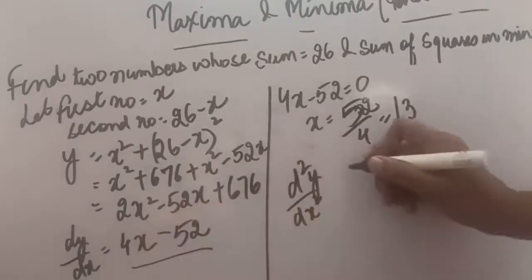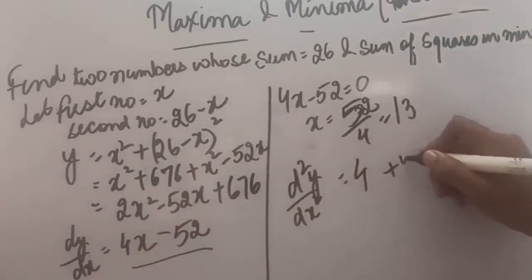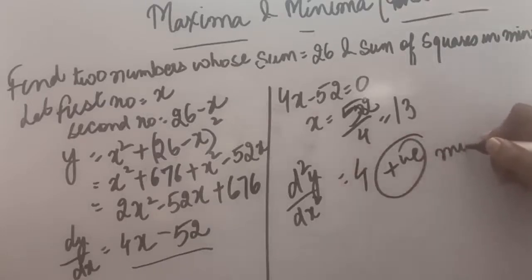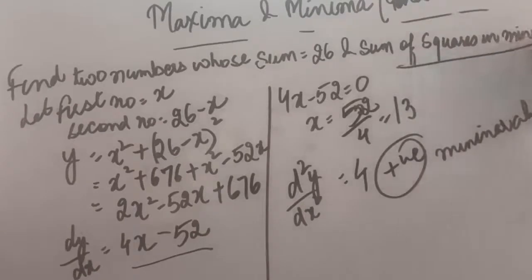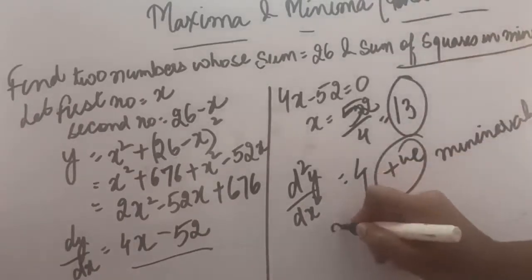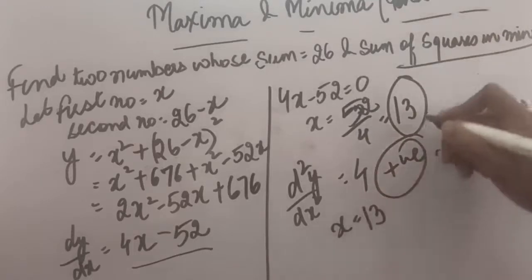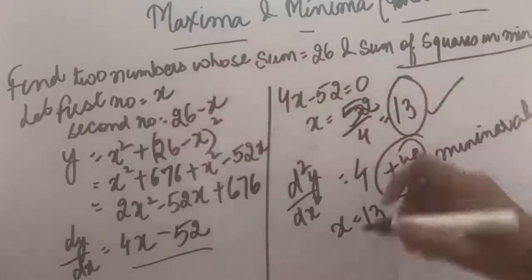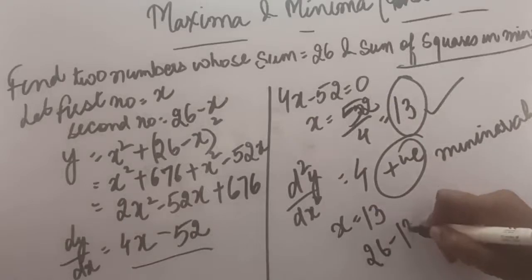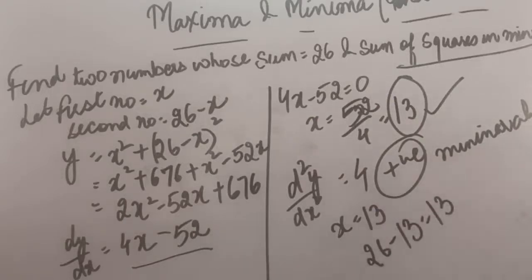Taking this second derivative we get 4. It is a positive value, so it shows that it is the minimum value. In the question also it was given that sum of squares is minimum. So the first number is x equal to 13, and the second number will be 26 minus 13, that is again 13.